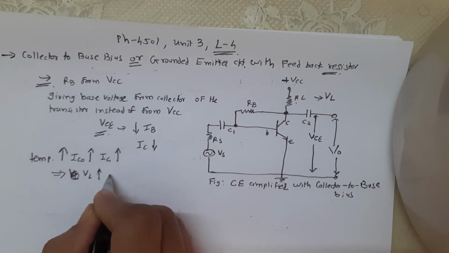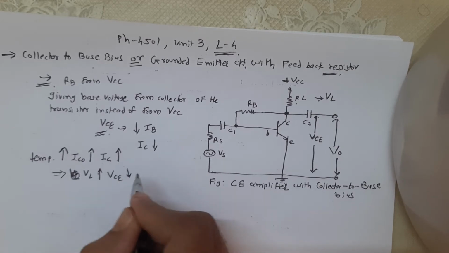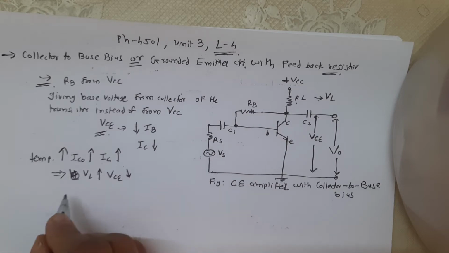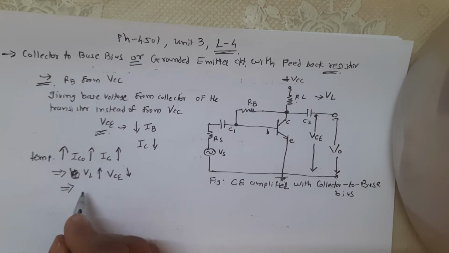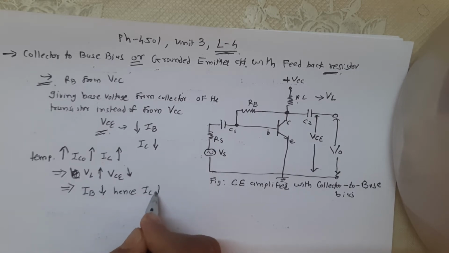This gives that voltage VCE decreases. When VL increases, VCE decreases. Therefore, the base current IB decreases, hence IC decreases as the temperature increases.